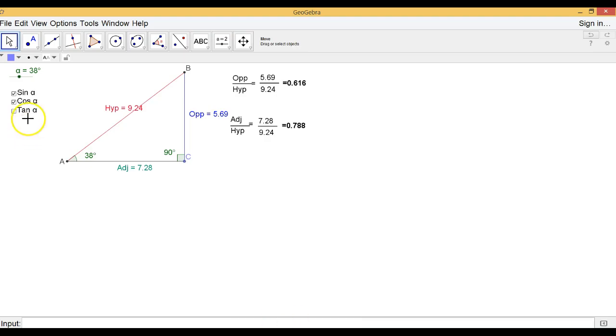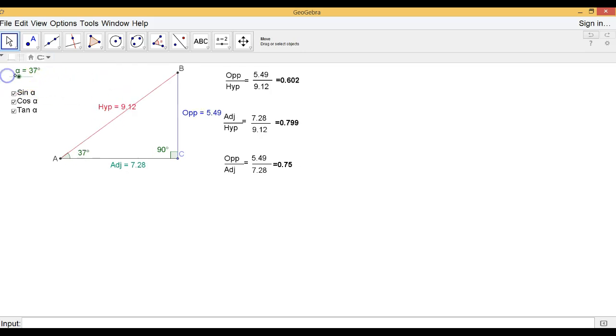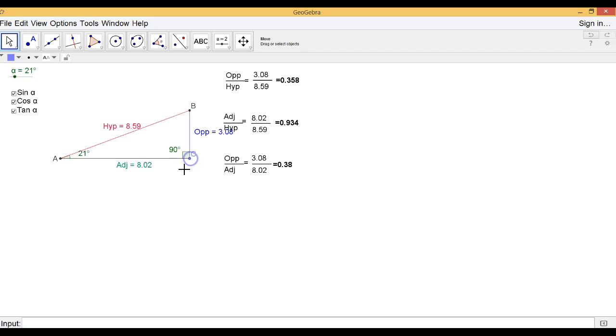And finally, to tan, which is opposite over adjacent, and I'm going to just change the angle back to a 21-degree angle. Tan 21, we should get 0.38.